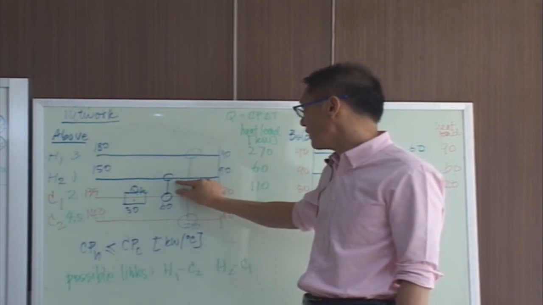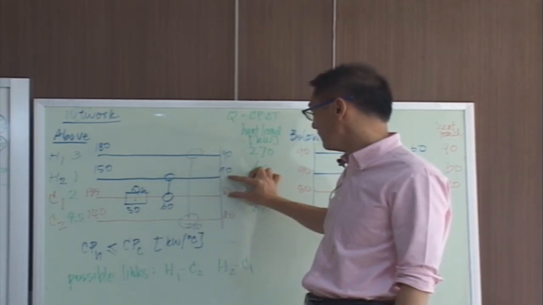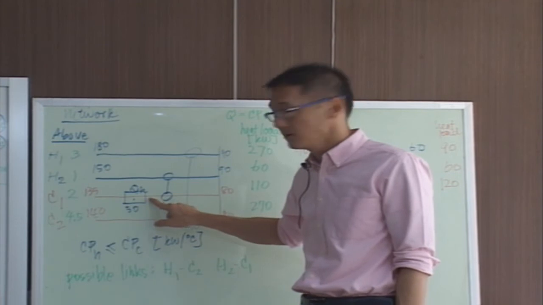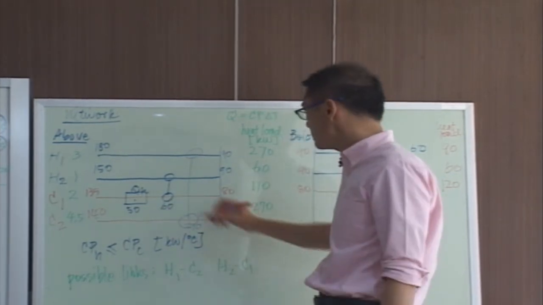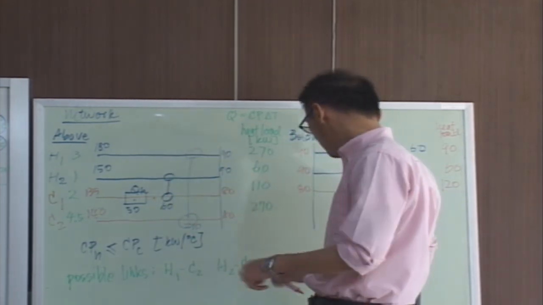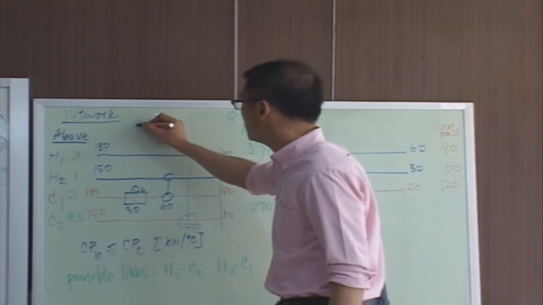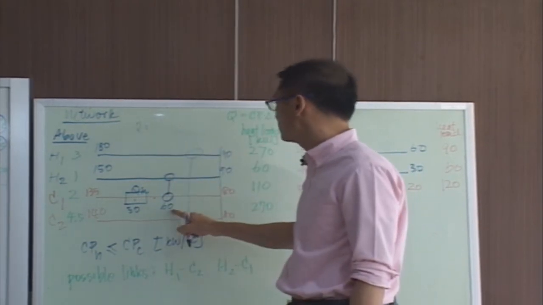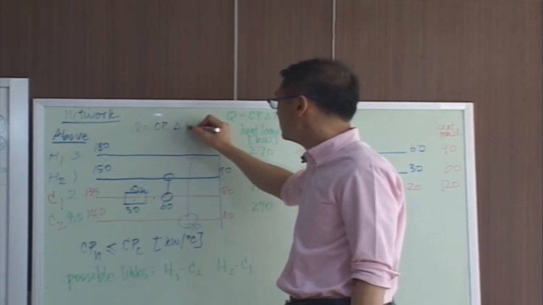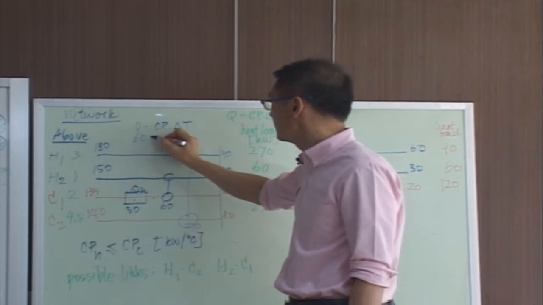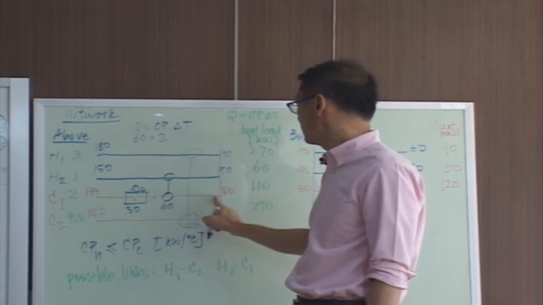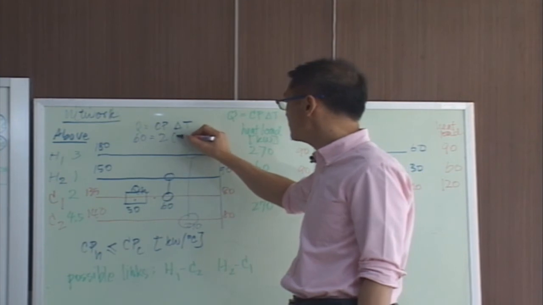So how about the second one? The second one here, this one is okay. So what we need is to find out the temperature outlet of this as well. To determine the temperature outlet here, it comes from a very simple equation: Q, the load, equals Cp of that stream times delta T. So what we have is 60 equals the Cp here, and the temperature between this point and that point is T minus 80.